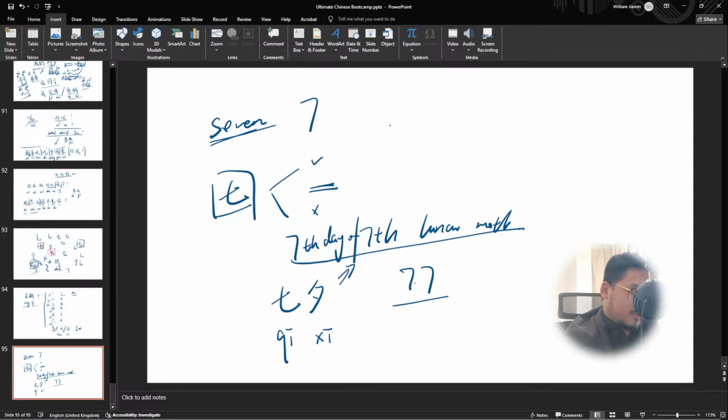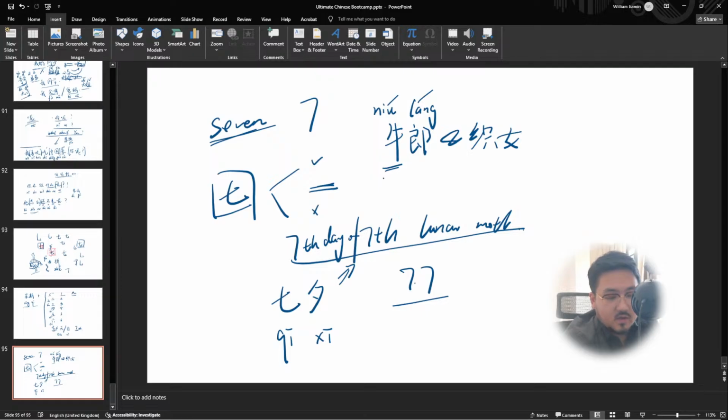Okay, so 牛郎 lang and 织女. 牛, o e u, right? 狼. 牛郎 is like 牛 is like cow.